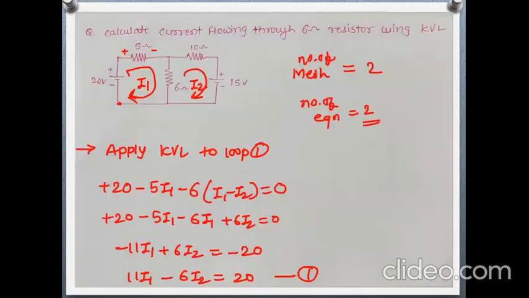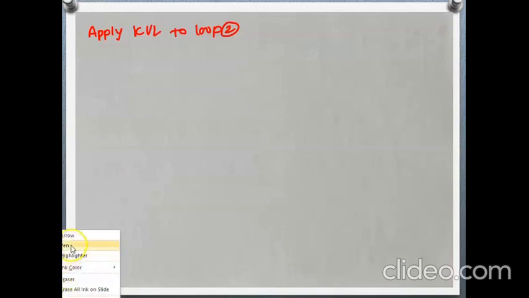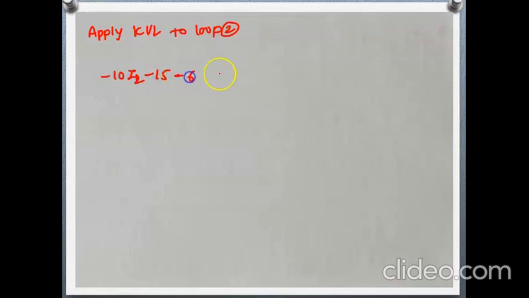Let's start from this point: 10I2, then minus 10I2, then plus to minus, minus 15, and again through this resistor, so minus 10I2, then minus 15 and minus 6.